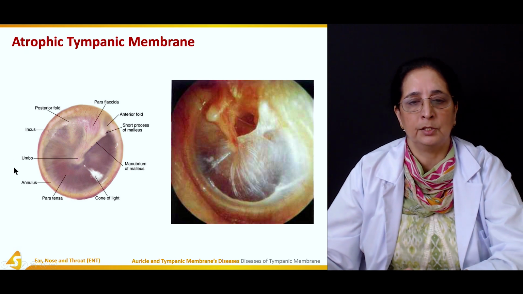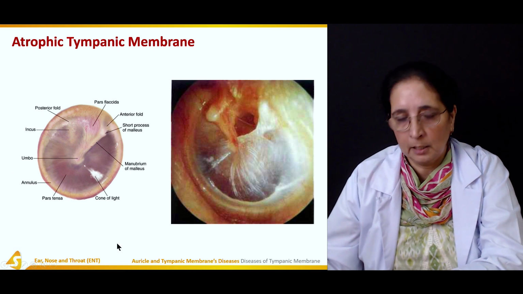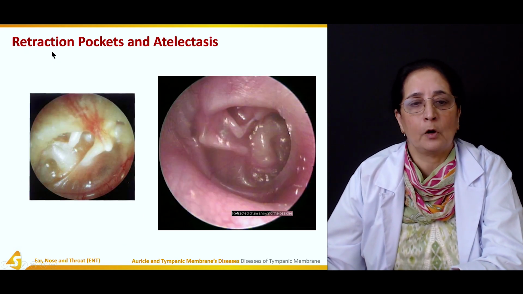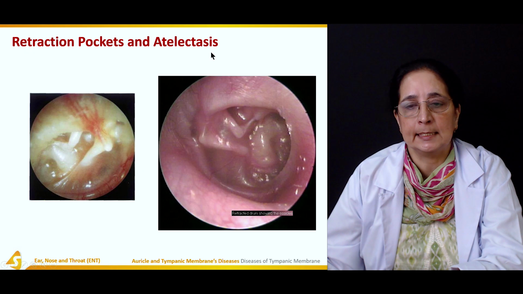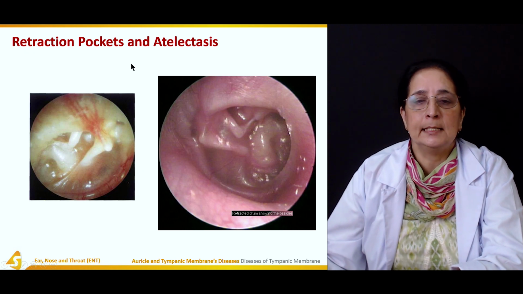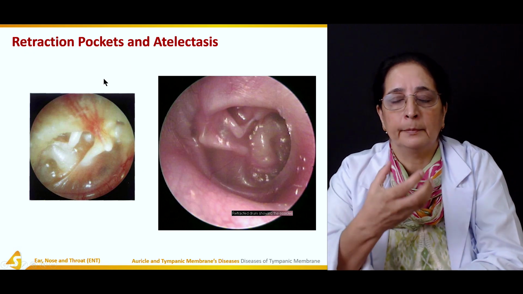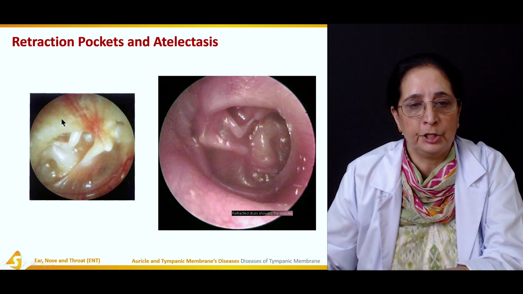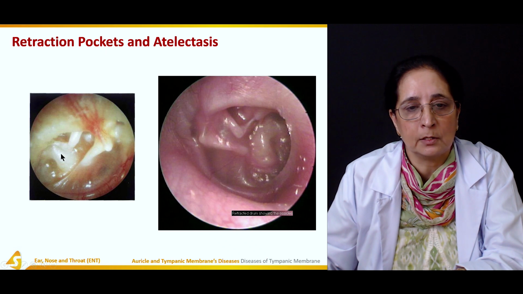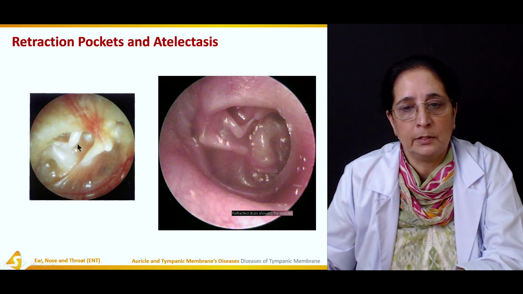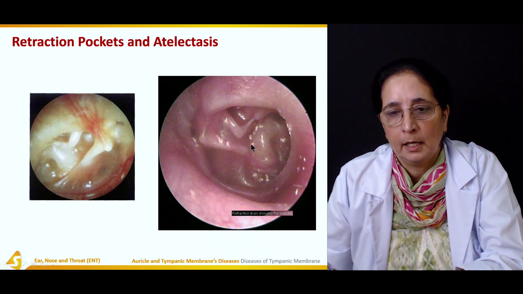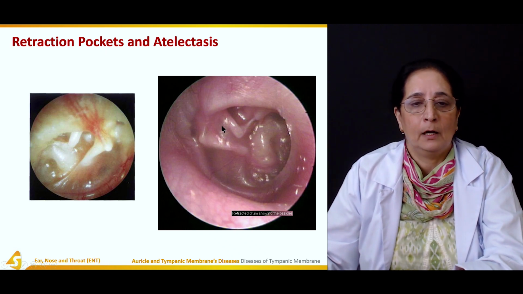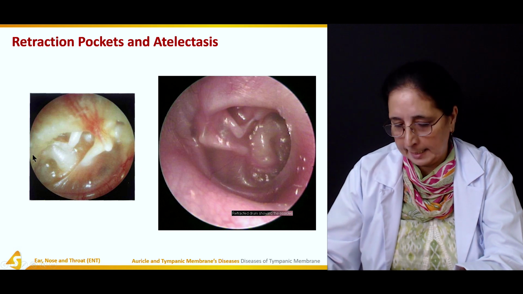All these structures you can see on the otoscope. Retraction pockets and atelectasis. Atelectasis is failure of movement, and there is formation of retraction pockets. You can see these are the retraction pockets and atelectasis of the tympanic membrane.